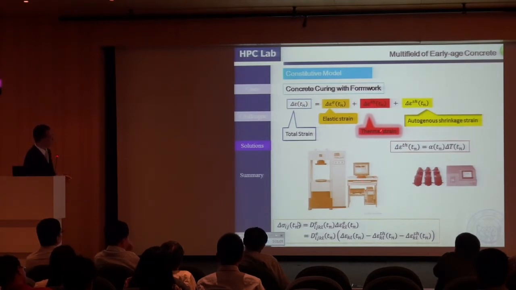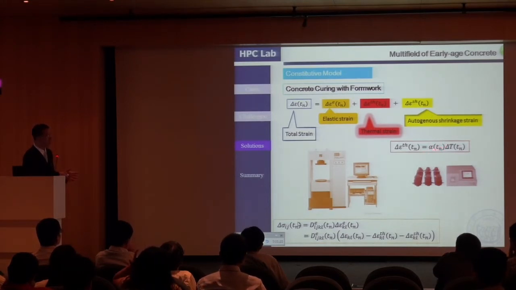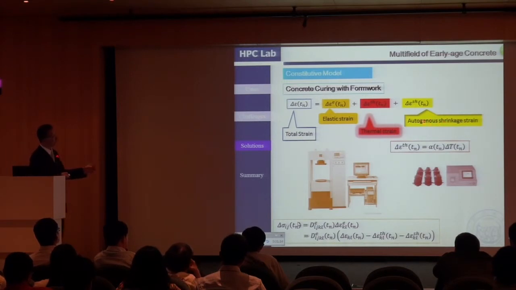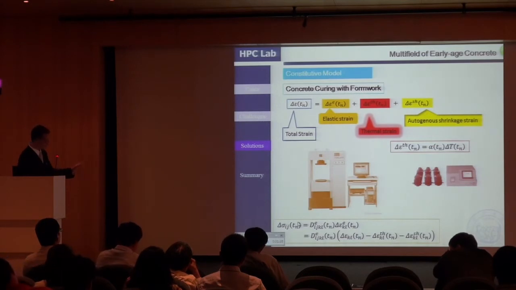And for the strains, we can also measure temperature, but we can't assure that the thermal expansion coefficient would be constant, especially during the early age. It will change with the hydration process. And if we can also estimate the autogenous shrinkage, that would be good for predicting the total stress increments.